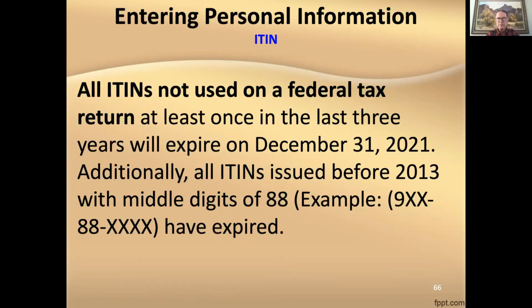They've completed that. 2020 was the last year they did that. So at this point, I think the only thing you're going to run into will be an ITIN that has not been used in the last 3 years, in which case it would then expire on December 31st. And you probably won't know that until the return is rejected because the ITIN had expired.